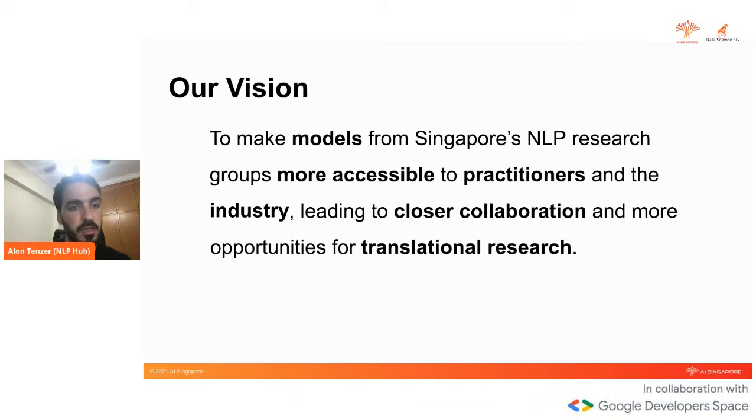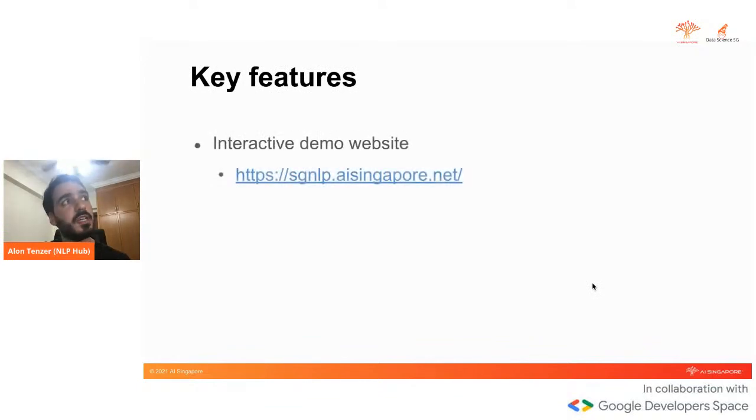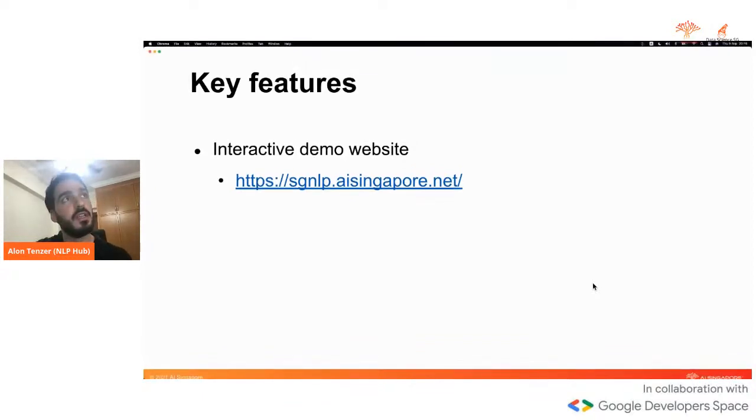Basically, either by using the models from the research community that we publish through our open source platform, or by striking a collaboration between the researchers and whoever was exposed to that model through our website. Next up, I'm going to share with you our interactive demo website where we share the models.